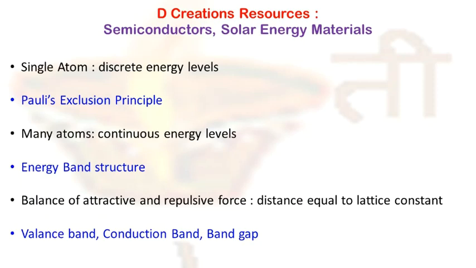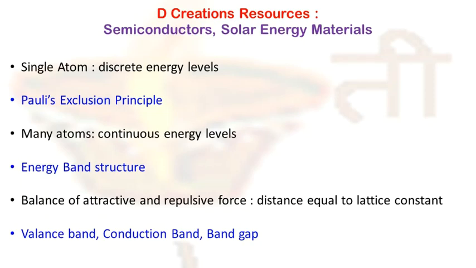So in a crystal where many atoms are there together, the splitting of energy levels looks almost continuous. So it's as if it's a continuous set of energy levels, and this continuous set of energy levels is called energy band.